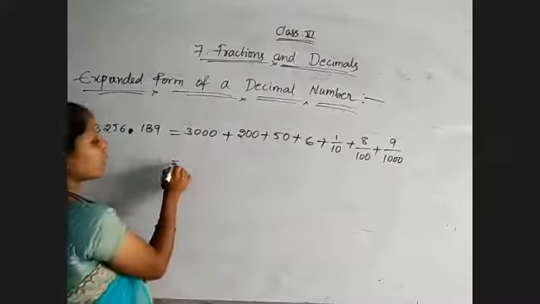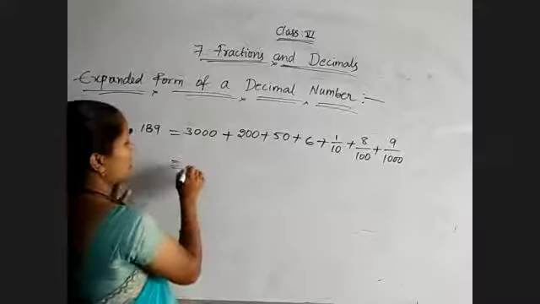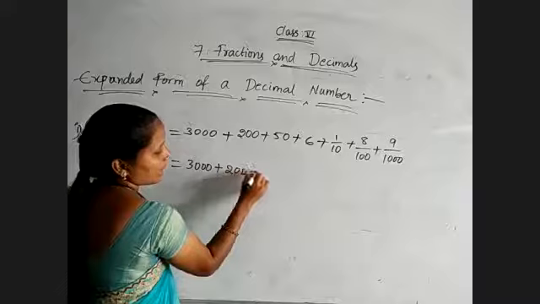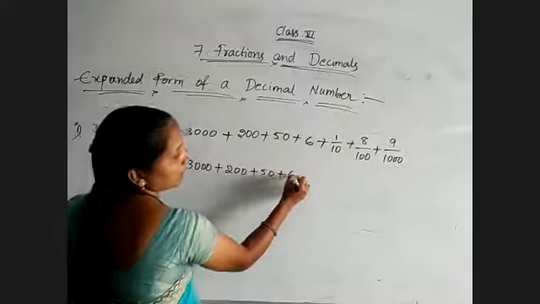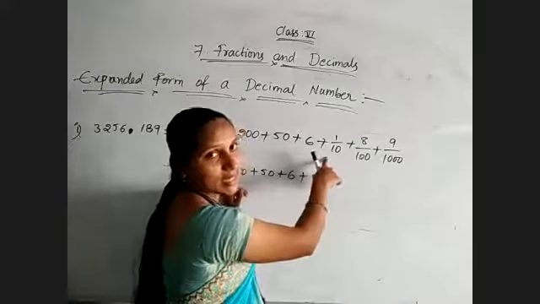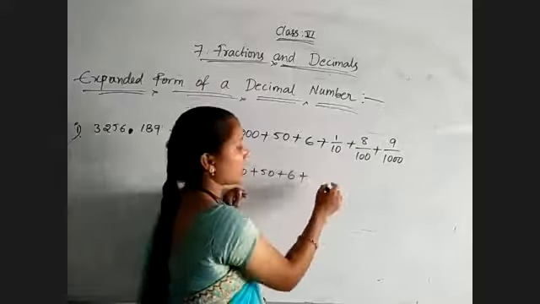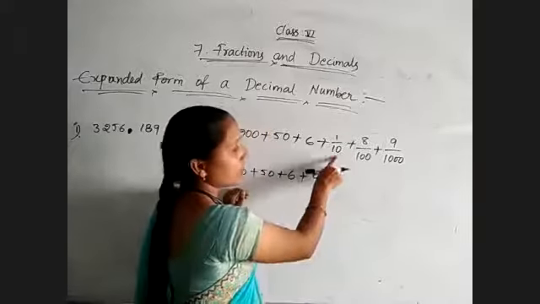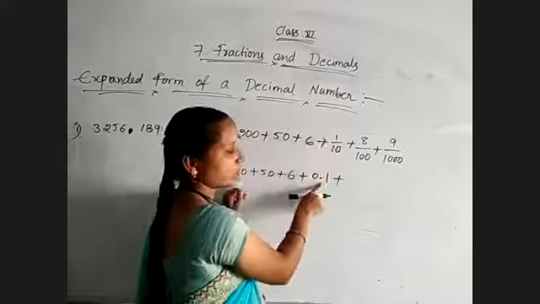Now the same thing we can write in decimal notation also. 3000 plus. The whole number part we write as it is. After the whole number part, in the decimal portion, 1 by 10 we can write as 0.1, because it is a decimal fraction. Only 1 zero is there, so before that 1 digit we must keep the point.